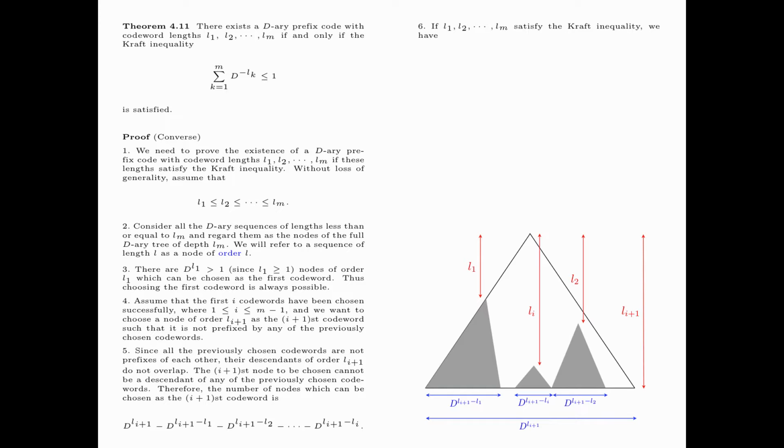If L1, L2 up to Lm satisfy the Kraft inequality, we have the summation over k from 1 up to m of d to the power minus Lk is less than or equal to 1. Therefore, the first i+1 terms in the summation is also less than or equal to 1. That is, d to the power minus L1 plus all the way to d to the power minus Li plus d to the power minus L_{i+1} is less than or equal to 1.